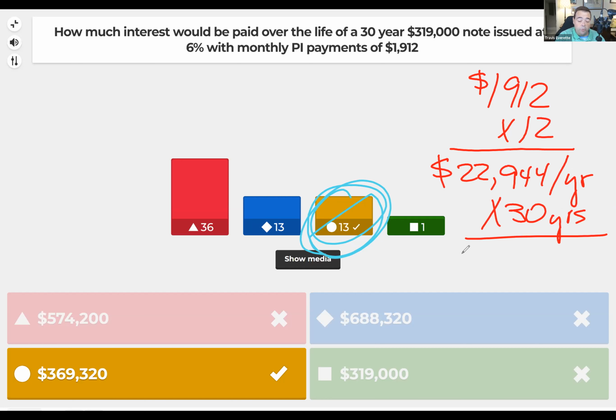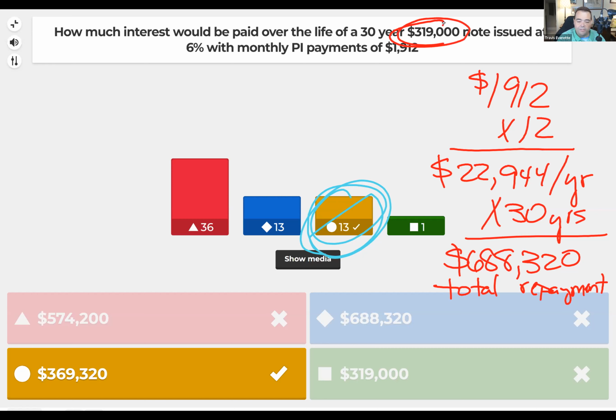Now, that's a total repayment of $688,320. Notice I said that's total repayment. But that's not just the interest. That also includes what number? The principal. Loan amount. The $319,000 that we borrowed. But here's the deal.